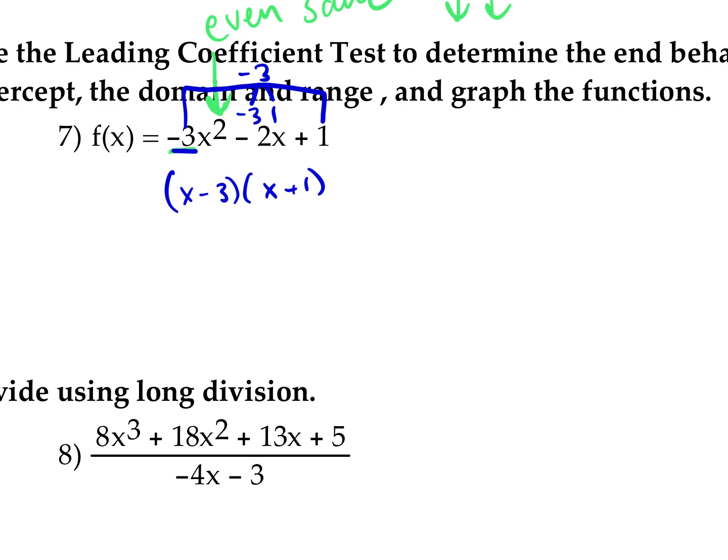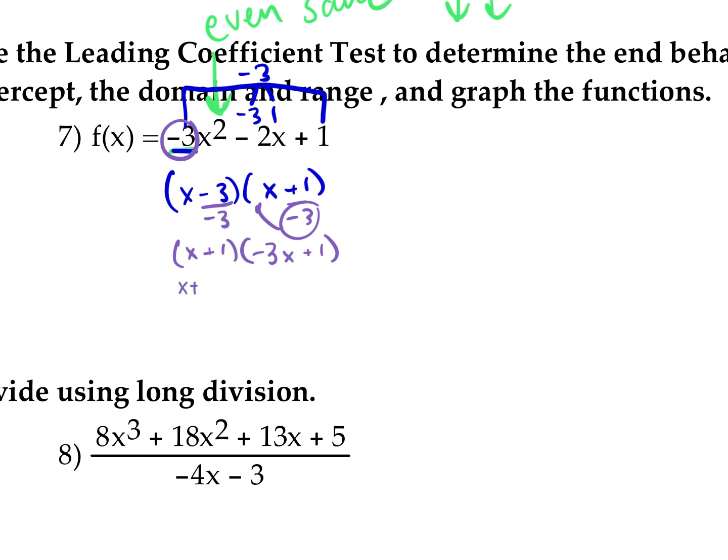Since I started by multiplying negative 3, I have to go back in and divide both the numbers by negative 3. So here I have x plus 1, and if it doesn't simplify, we move it to the front. So negative 3x plus 1.